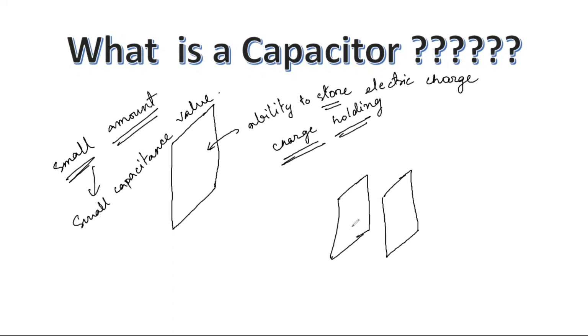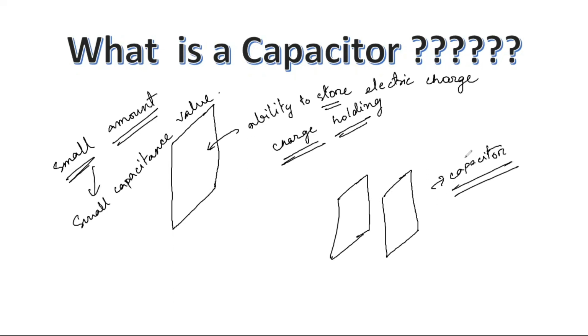And for such an arrangement, the charge holding capacity increases. So we can state that a device where two conductors are arranged so that we can store a large quantity of electric charge is called a capacitor.